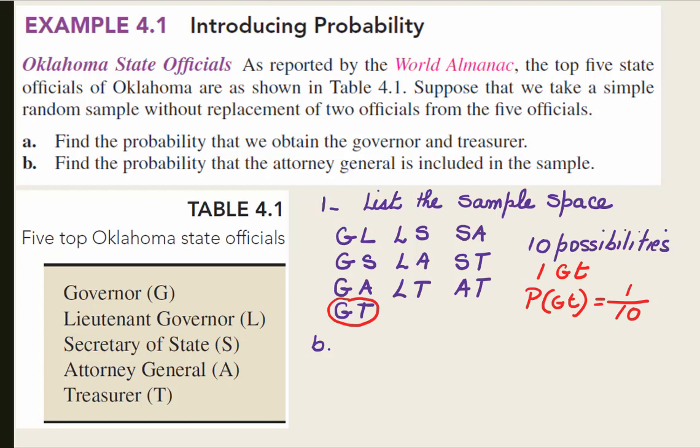Now for B, the probability that when we take a random sample of 2 officials out of the 5, we have an attorney general included.